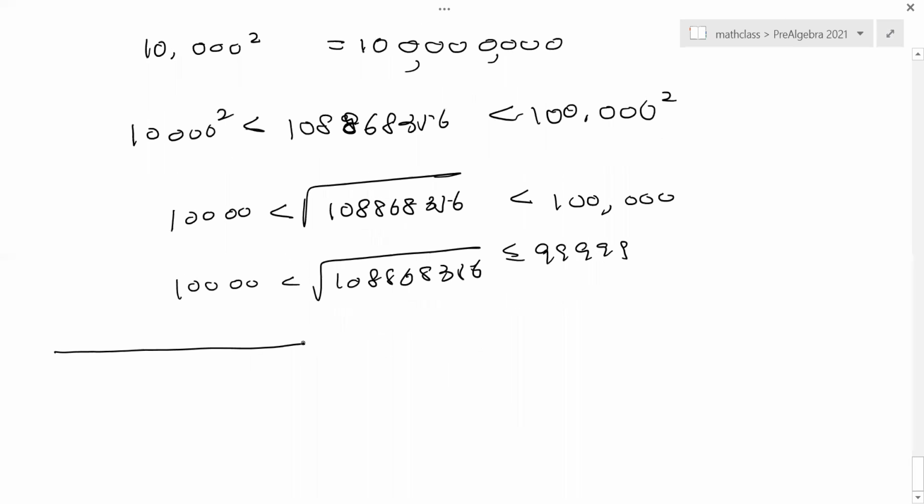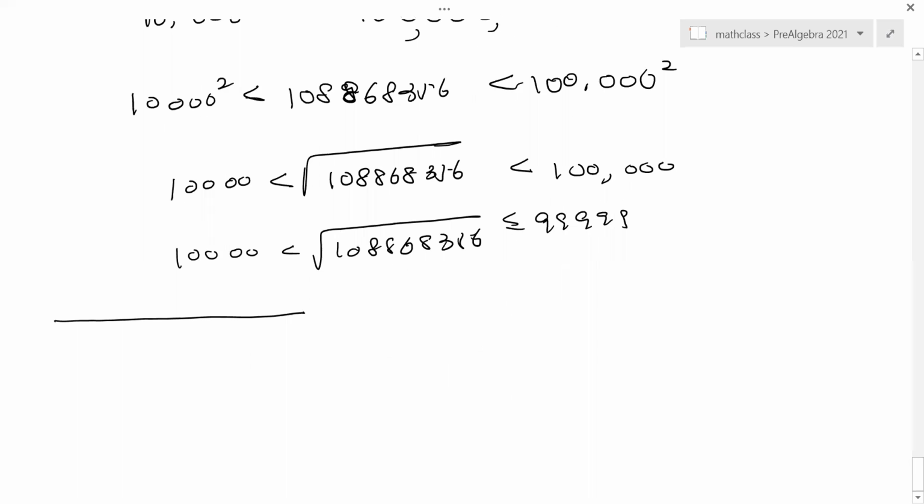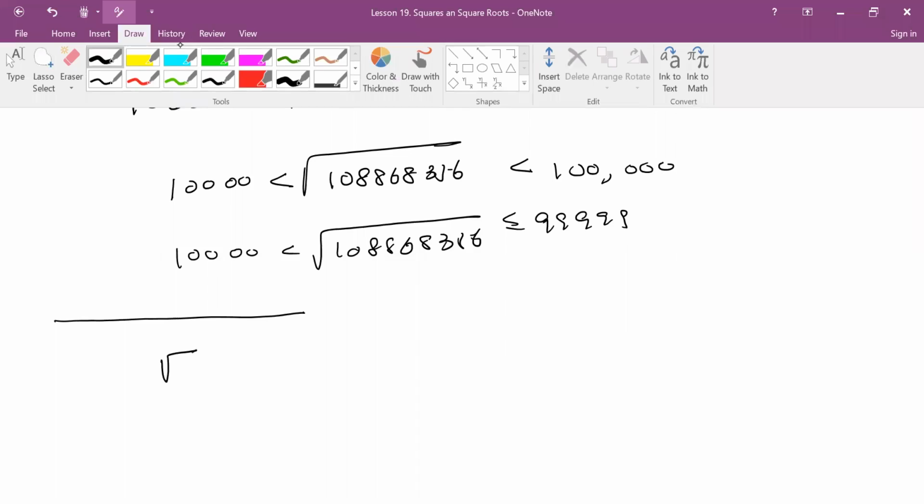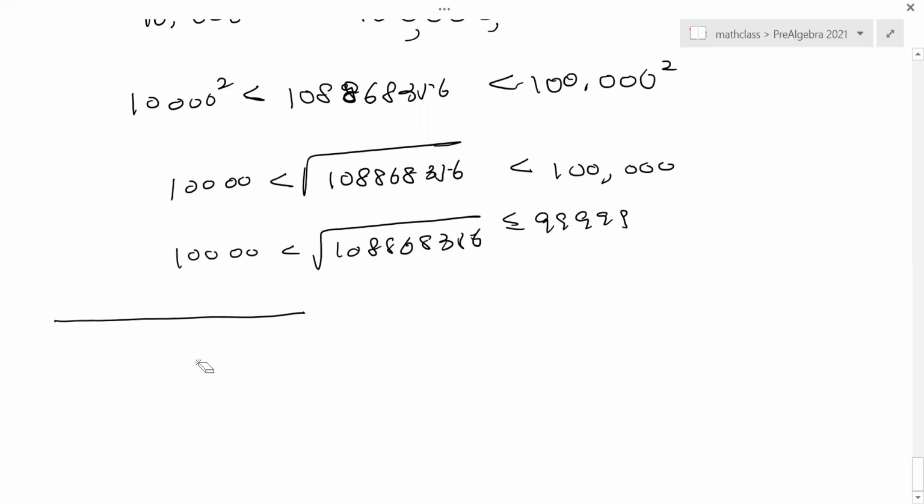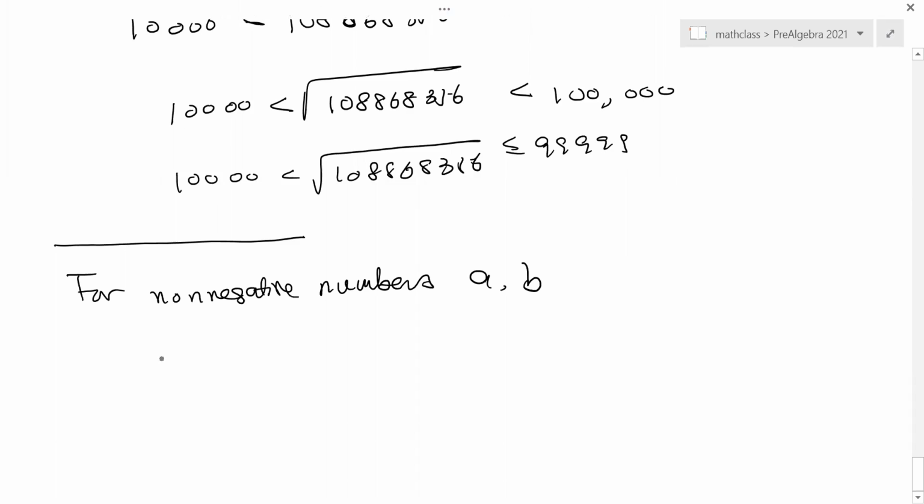So then I want to talk about some other formulas about the square root. There are 2 basic formulas we should have. One is for non-negative numbers. I keep saying that: for non-negative numbers A and B, we have the following 2 identities.